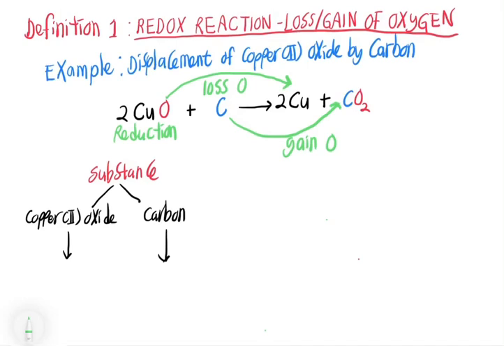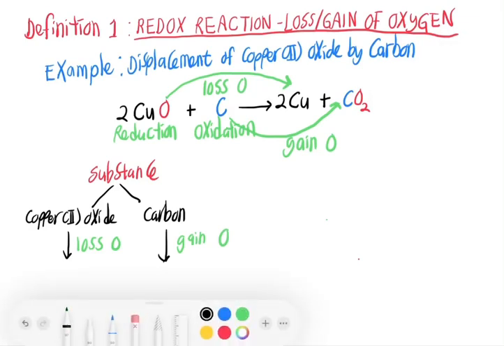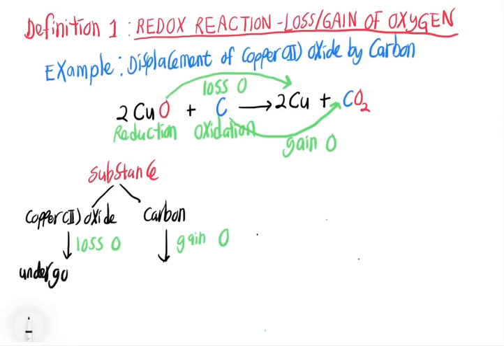And since carbon gains oxygen, carbon is said to undergo oxidation. So copper(II) oxide loses oxygen, carbon gains oxygen. Since copper(II) oxide loses oxygen, it undergoes reduction, and since carbon gains oxygen, carbon undergoes oxidation.